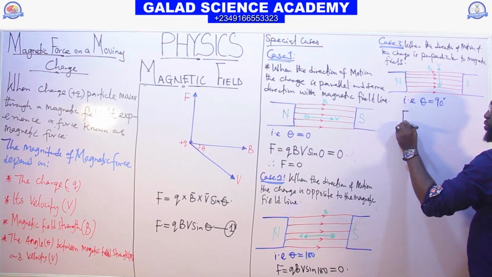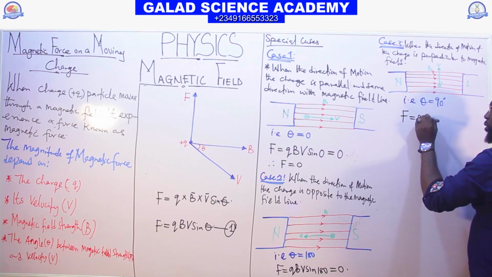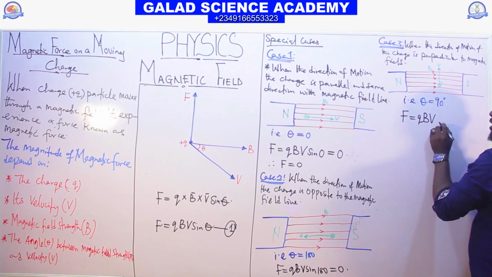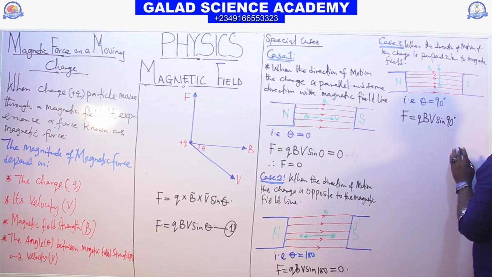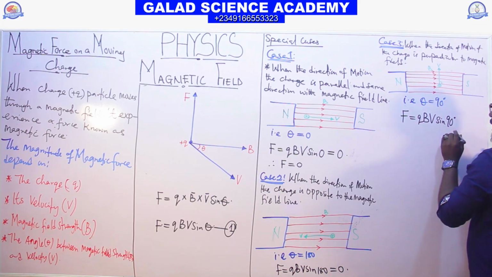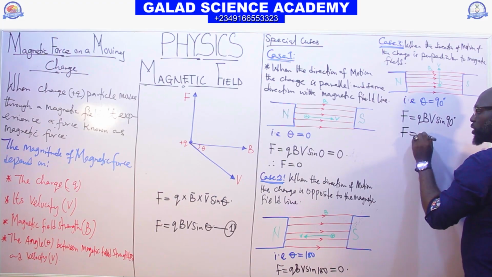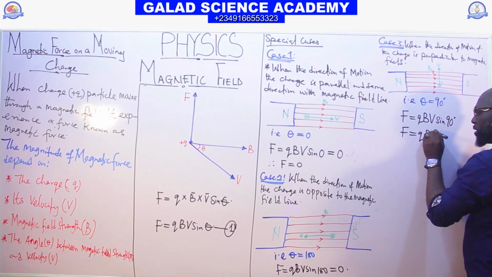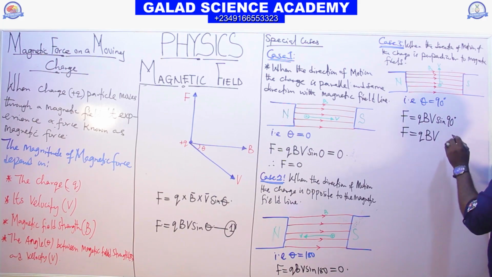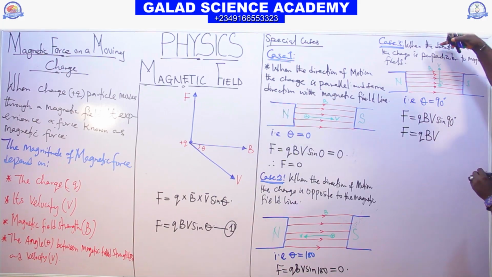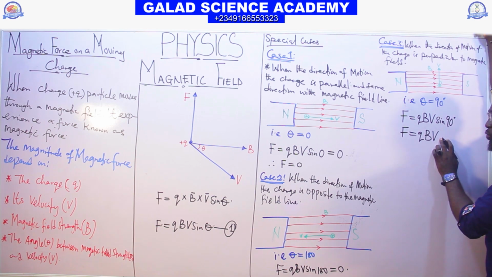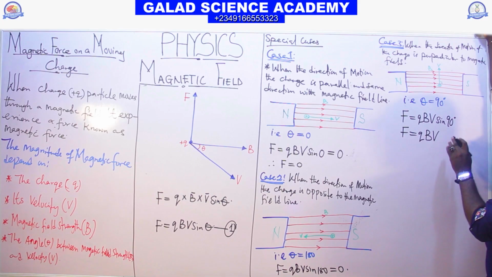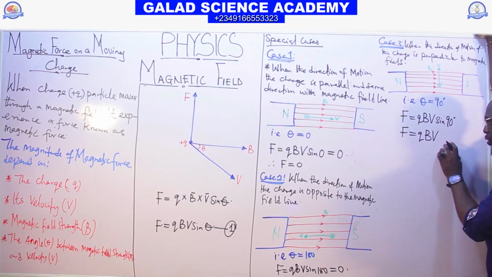What is the magnetic force? Using QBV sine 90 degrees. Sine 90 degrees is 1. You have QBV. So in this case, the charge will experience the maximum force.